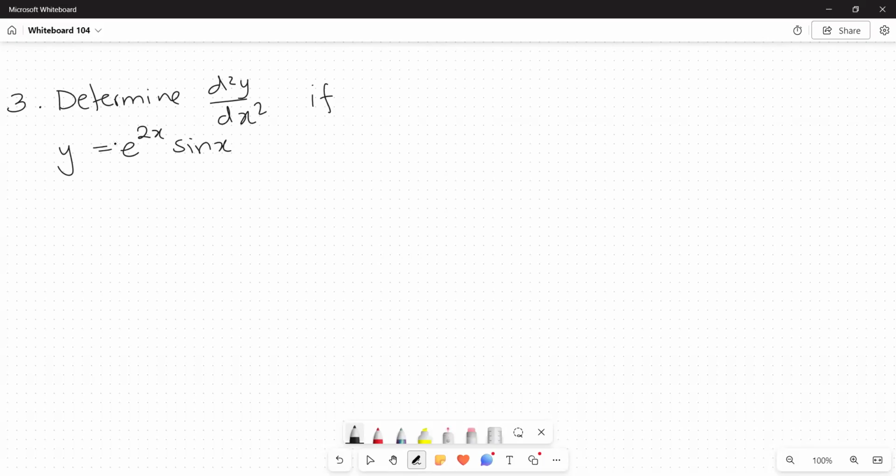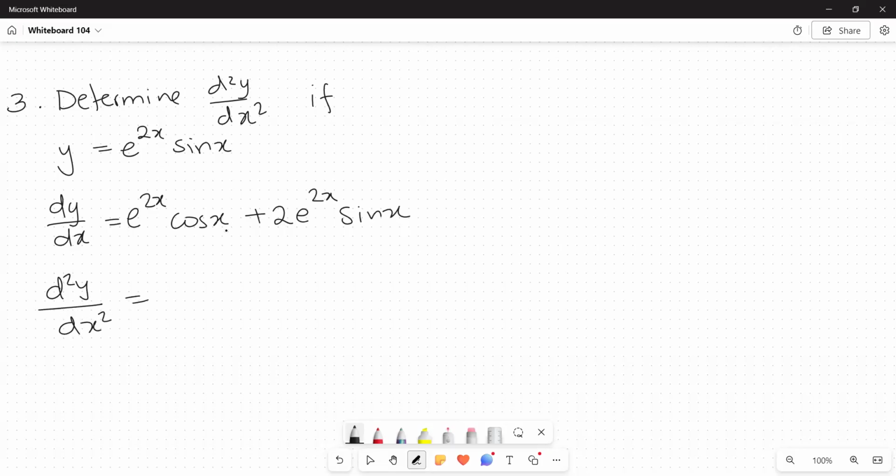Okay, so this means that dy dx is equal to, on the right hand side, we have to use the product rule. The derivative of sine x is cos x. And then the derivative of e to the power of 2x is 2e to the power of 2x multiplied by sine x.